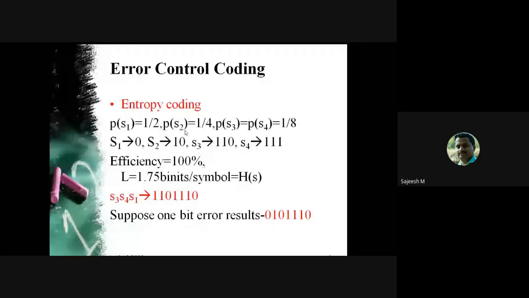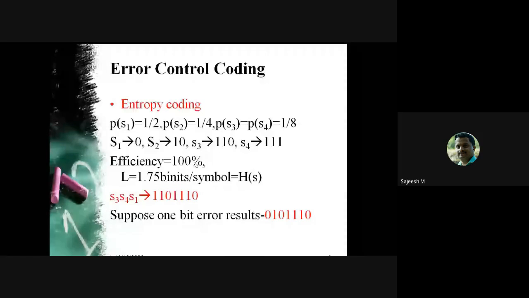By making use of the probabilities, we have generated the Huffman code. We have already studied how to generate it. It is a variable length code, a prefix code, a uniquely decodable code, an instantaneous code; all of this we have studied. Once we calculate the efficiency of this code, we see it is 100%.